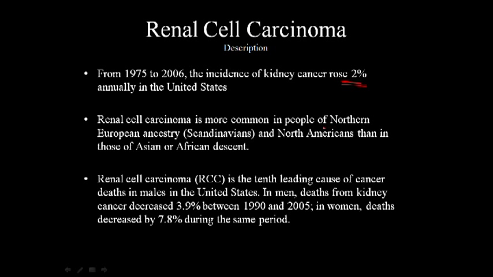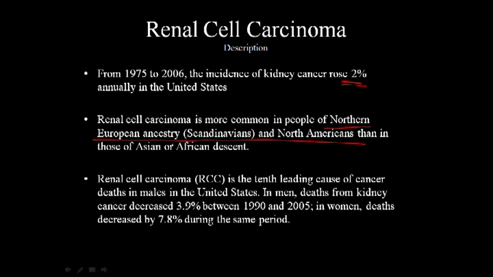And it's more common in people of North American and Northern European ancestry than those of Asian or African descent. So usually it's not those from Asia or Africa, but people from Europe or North America, or who can trace their roots back to Northern Europe. It's kind of unknown why this is.